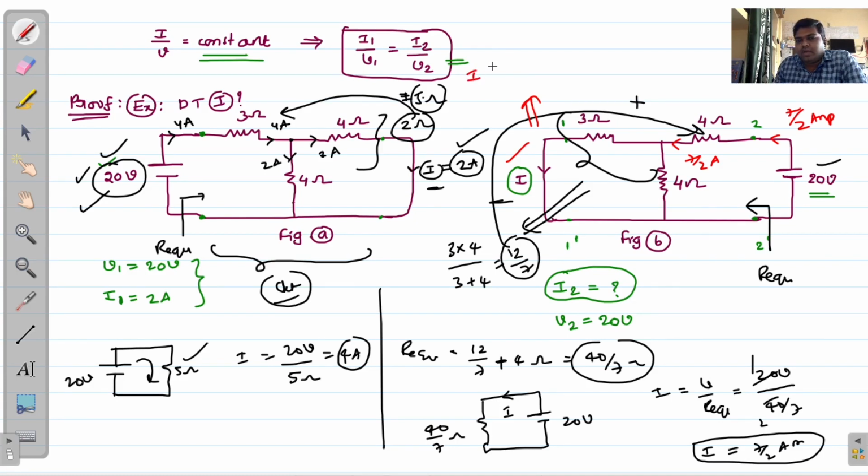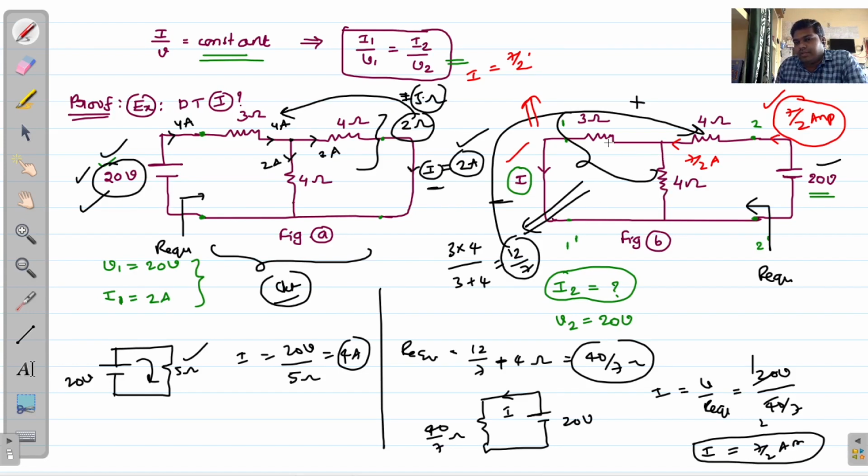According to the current division principle, I equals the total current coming out from the 20 volt voltage source, which is 7 by 2 amperes. First you take the 7 by 2 ampere total current from the source. Whatever the source, whether it is a current source or a voltage source, you consider the total amount of current contributed by it, that is 7 by 2 amperes, into the other resistance branch.